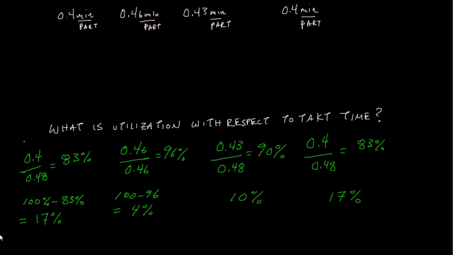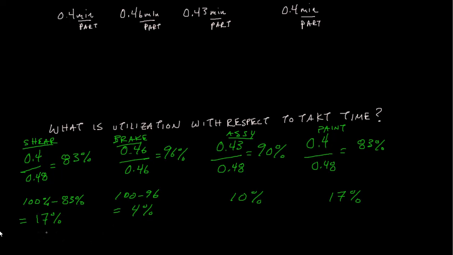So again, this is for the shear, brake, assembly and paint. I'm wondering if all this downtime that's not related to making parts adds up to 100%.